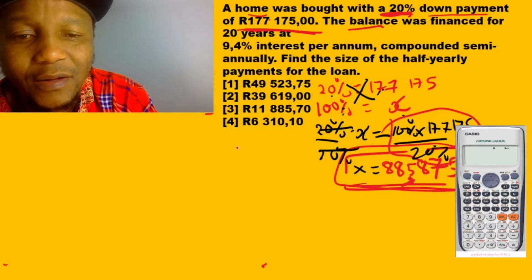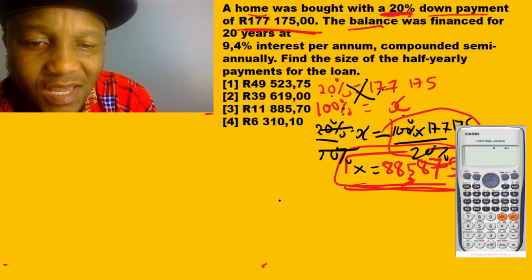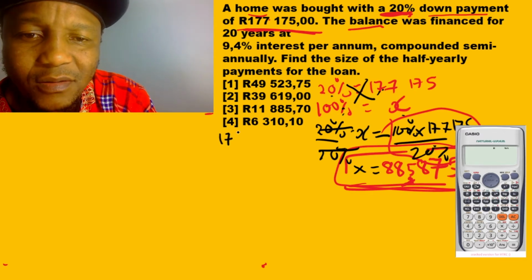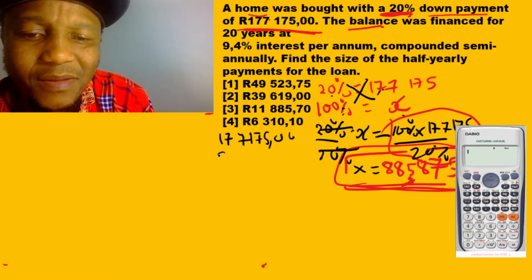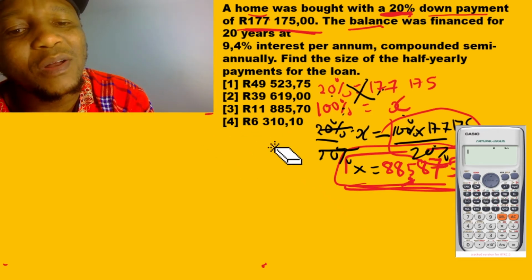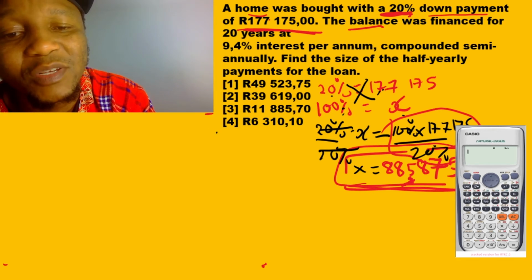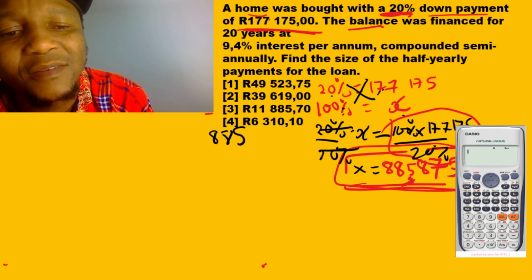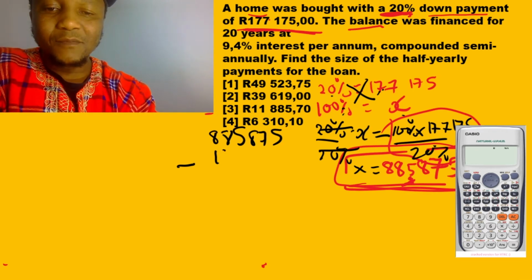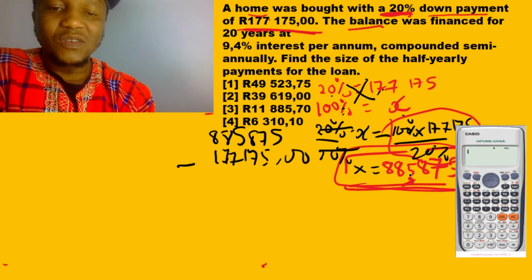So take this amount minus that. Here, 885,875 minus the one that we deposited already, which is 177,175.00.